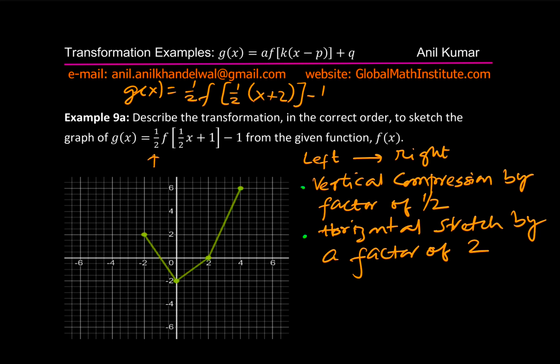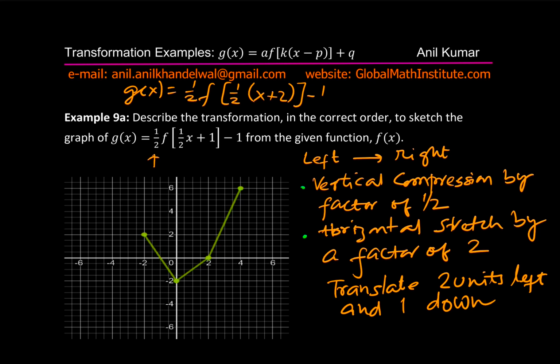And then the third one here is translate 2 units left, and we're combining 1 down. Is that clear to you? So you can actually combine the transformations for translations.